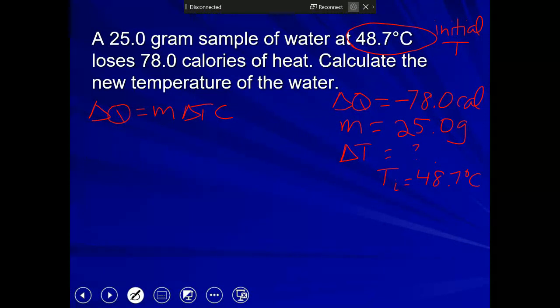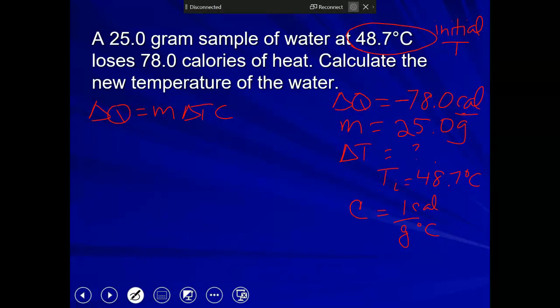All we know is that the change of temperature is equal to the final minus the initial, right? And then since it's water, you can use the specific heat of water in calories, or we know that it's 4.184 joules. Since this is in calories, I'm just going to use it in calories per gram degrees Celsius, because then my units match up.